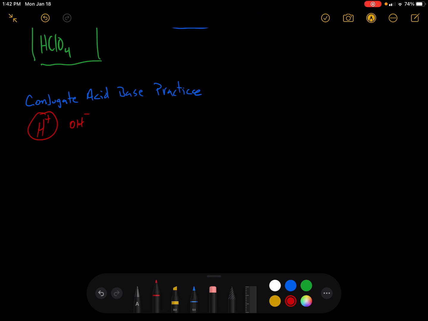So let's look at a couple. Let's look at this example. Say, for example, HF plus H2O is going to react in equilibrium with H3O plus and the fluorine ion.